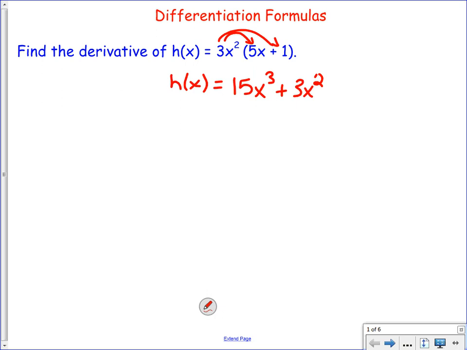And then we would be able to apply the power rule to find our derivative, okay? So h prime of x would equal 3 times 15, which is 45, times x squared, plus 2 times 3 is 6, times x to the first power. Okay? So this is using the power rule.